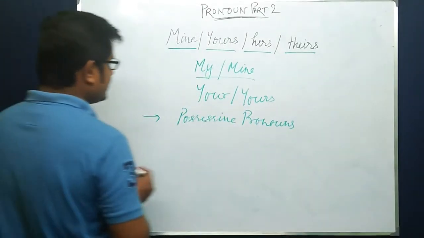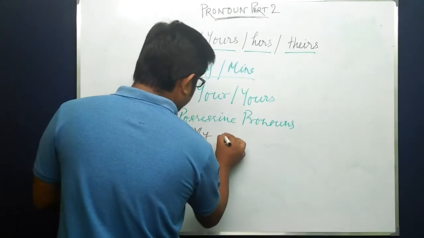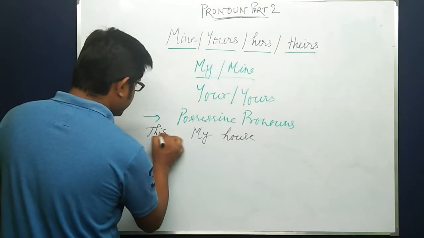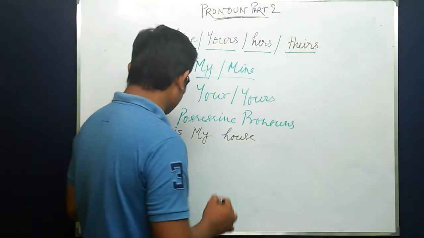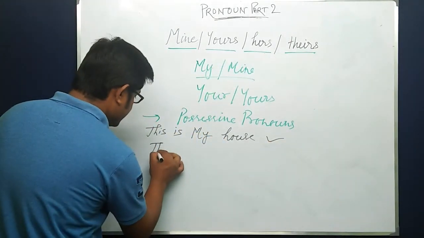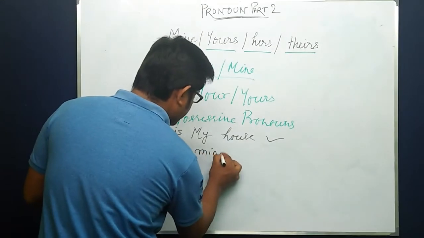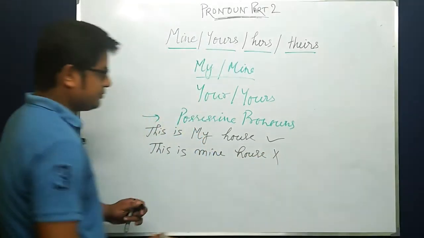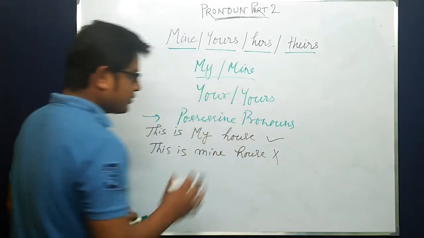So if you write my house, when you say this is my house, that you just learned previously, this is right. But if you write this is mine house, then it is wrong. This is mine house is wrong.